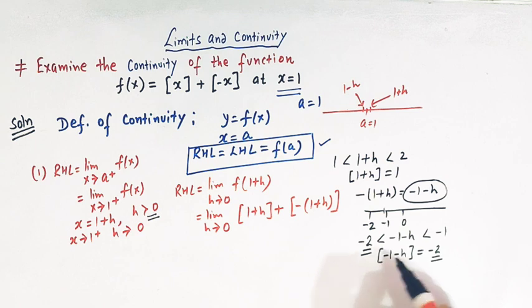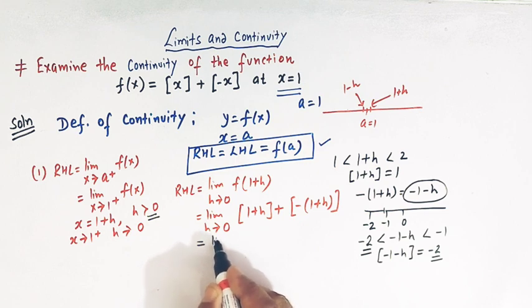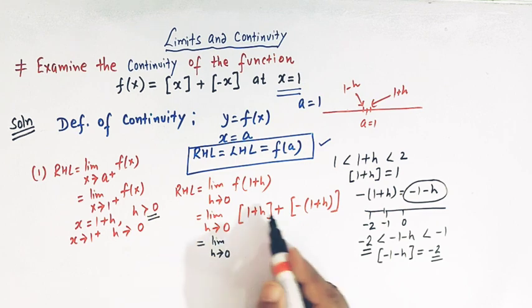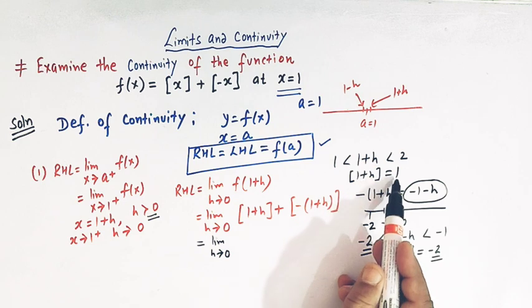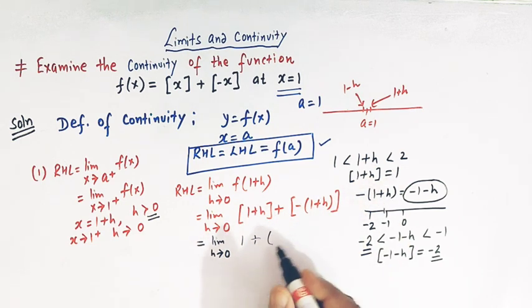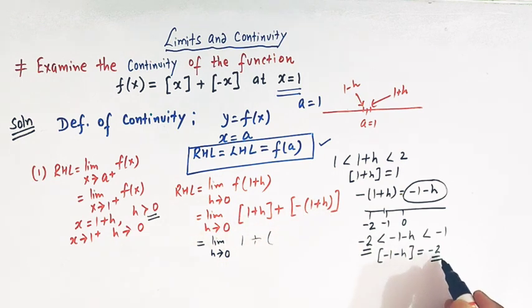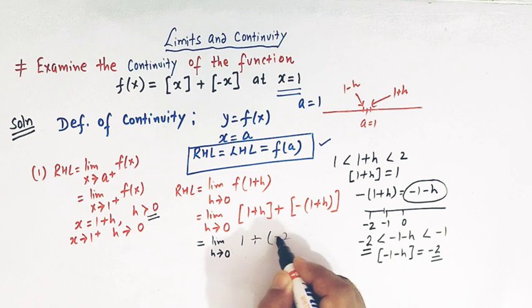So now we have limit h tends to 0 of greatest integer of 1 plus h, which is 1, plus greatest integer of negative of 1 plus h, that is minus 2.